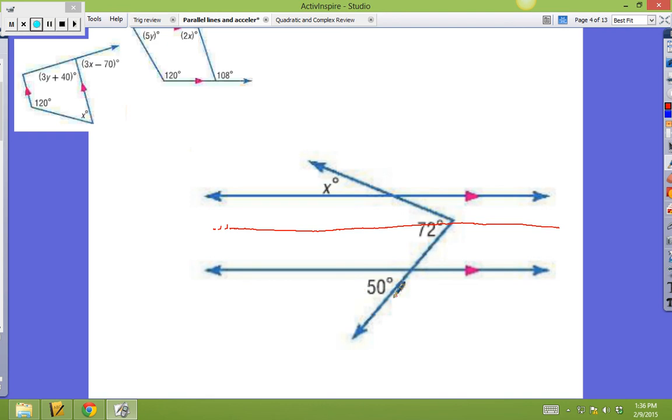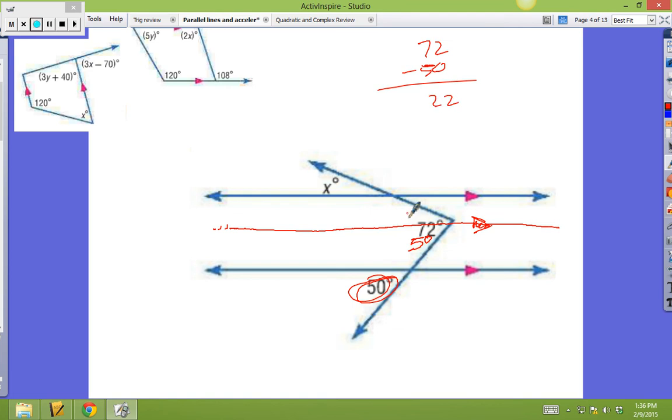Now, I say that this line is parallel to the two lines below it, that means this corresponding angle 50 is going to be right here. This is 50. So now I know how much this top half's got to be. The whole angle is 72. But if I know the bottom half of it's 50, I can subtract that from the total.